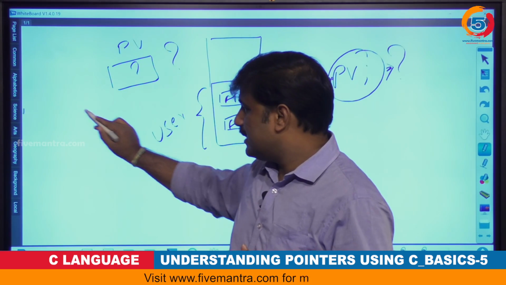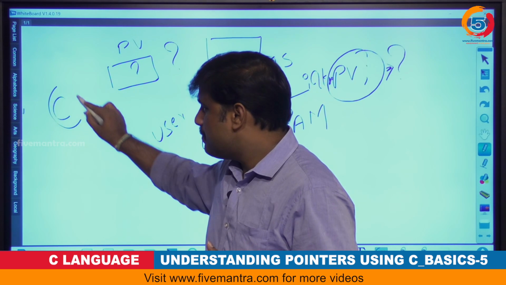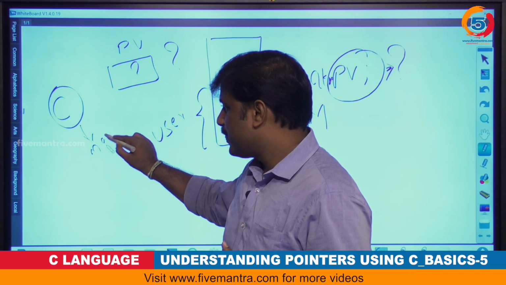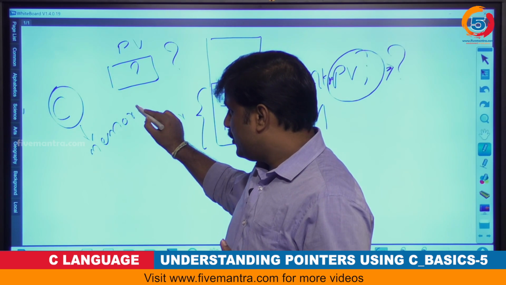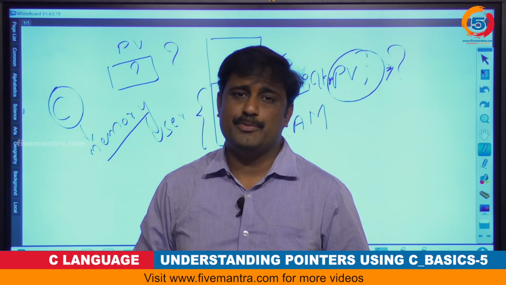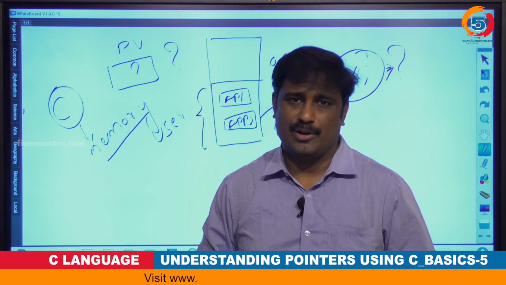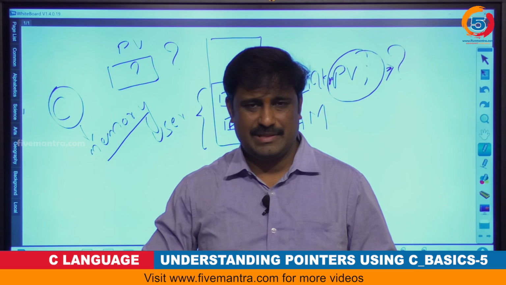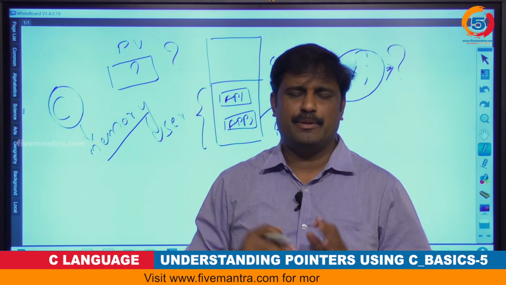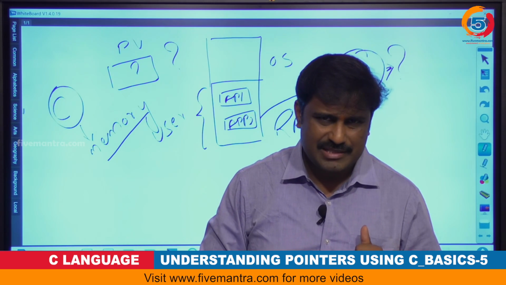See, C language is a simple language. It doesn't have memory management, meaning there is no process or application that does the memory management of your application. That is the big drawback of C language, and the uninitialized problem is a big problem in C. What is the uninitialized problem?